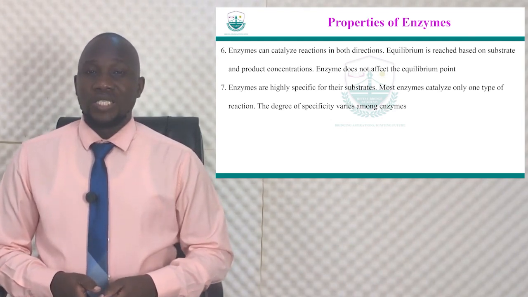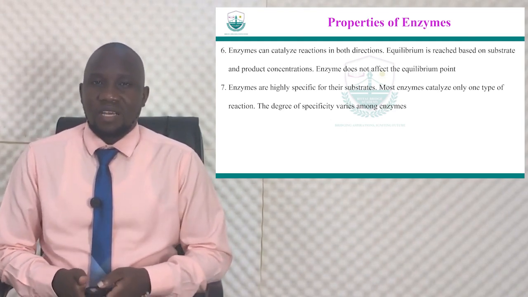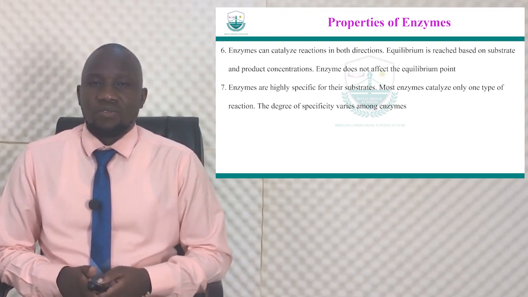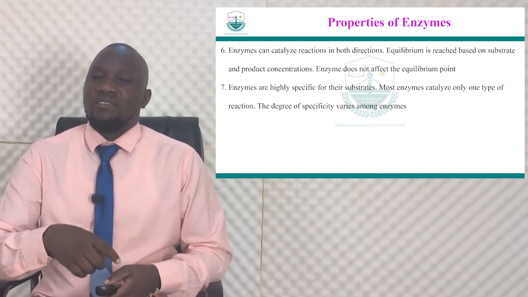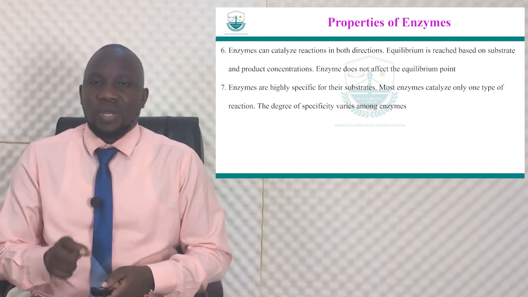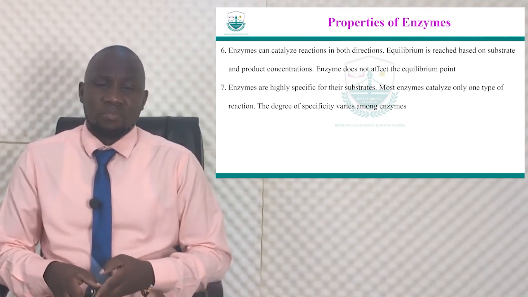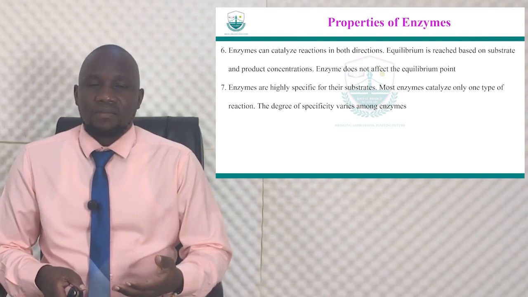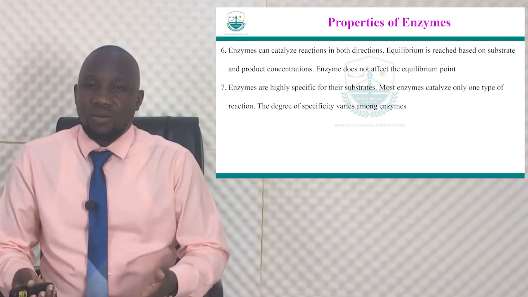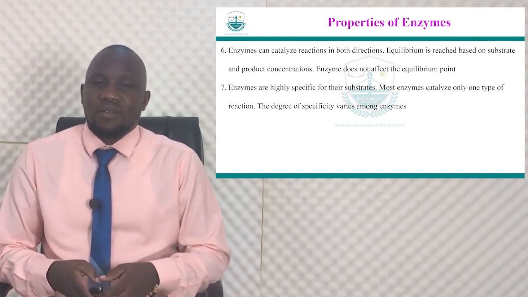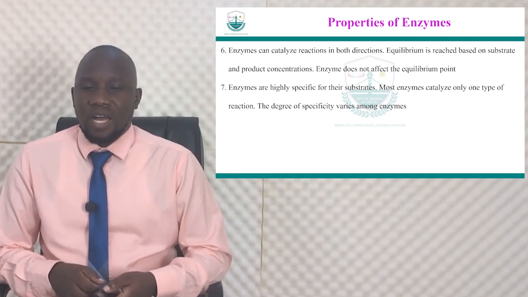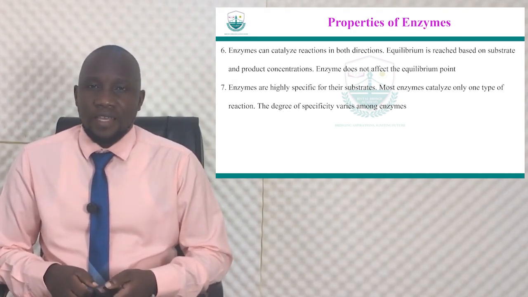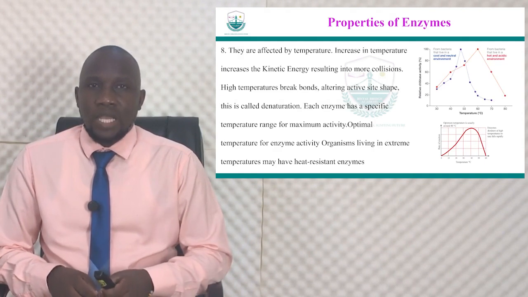Enzymes act on specific substrates, meaning they don't act on every substrate. That is why the name suggests it, for example lactase acts on lactose, and you don't have any other substrate that it will act on.